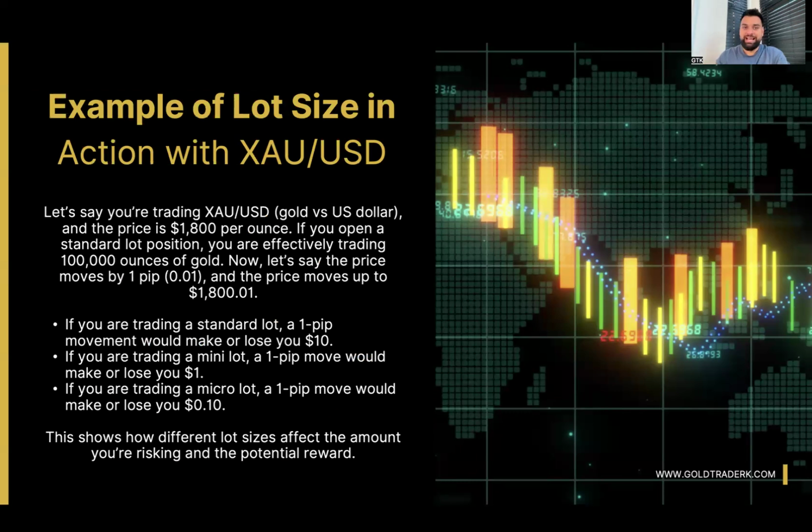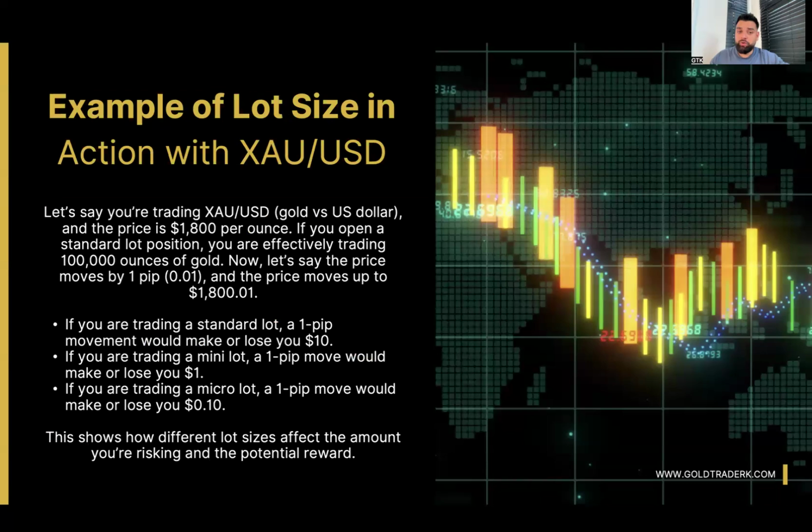Example of lot size in action with XAUUSD. Let's say you're trading XAUUSD, which is gold versus US dollar, and the price is 1,800 per ounce. If you open a standard lot, you're effectively trading 100,000 ounces of gold. Now, let's say the price moves up 1 pip to 1,800.01.